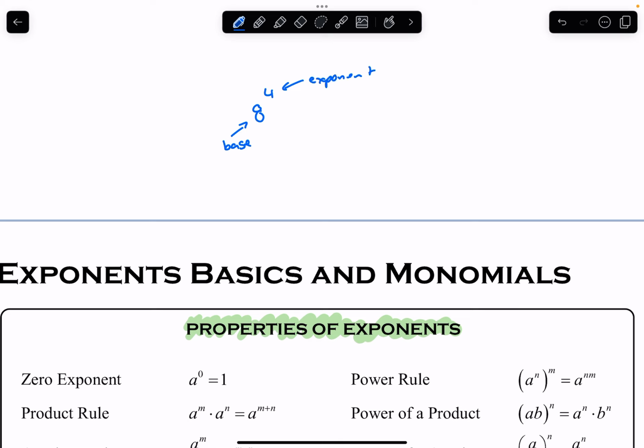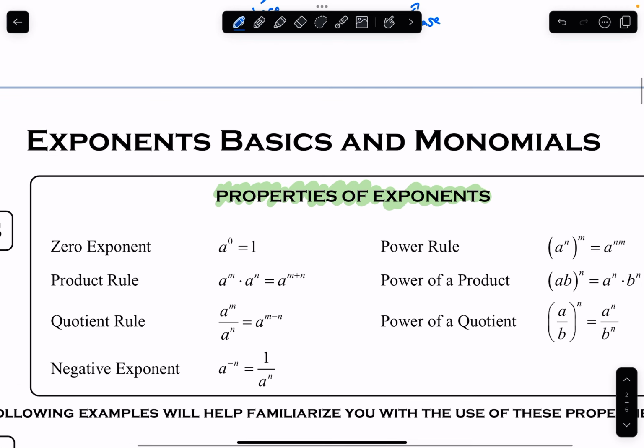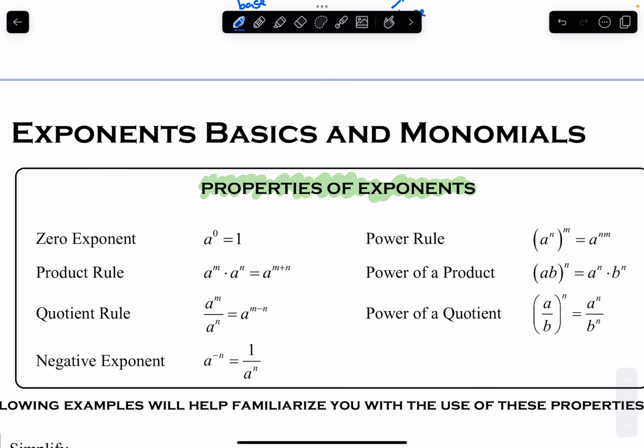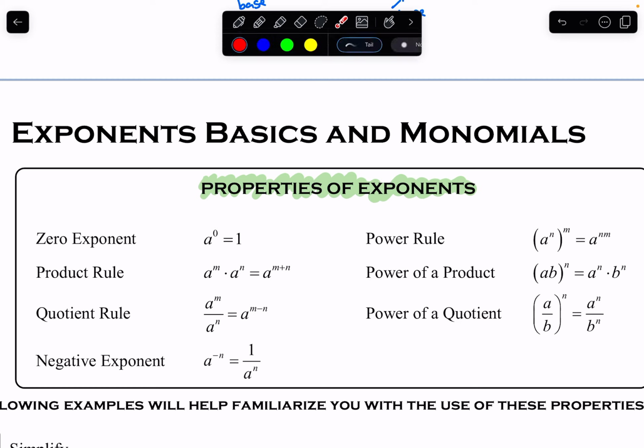Even if it's not a number, even if it's a letter, if I've got x to the 4th, this is still the base. It has a base called x. It has an exponent called 4. So in these formulas, the base is always the letter A. So if you look at these, you'll see a bunch of A's everywhere. That just represents some number. That's the big number at the base, okay?